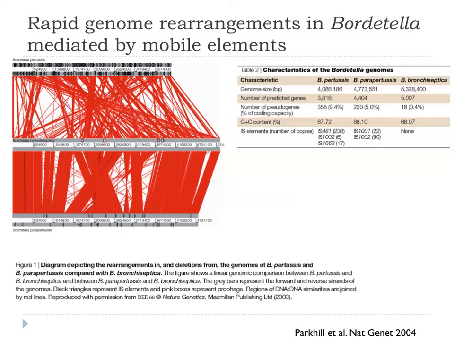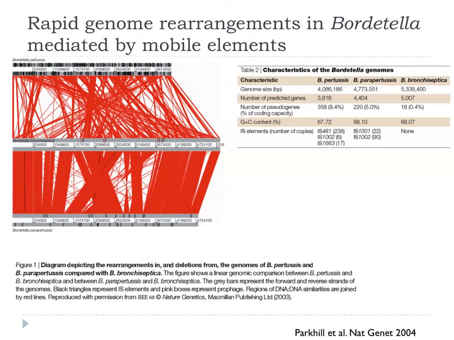And when people first, in the early part of the millennium, started looking at Bordetella genomics, they found that the Bordetella pertussis genome had not only got lots of pseudogenes in it, it had acquired lots of insertion sequences and had undergone extensive rearrangements compared to the ancestral state.